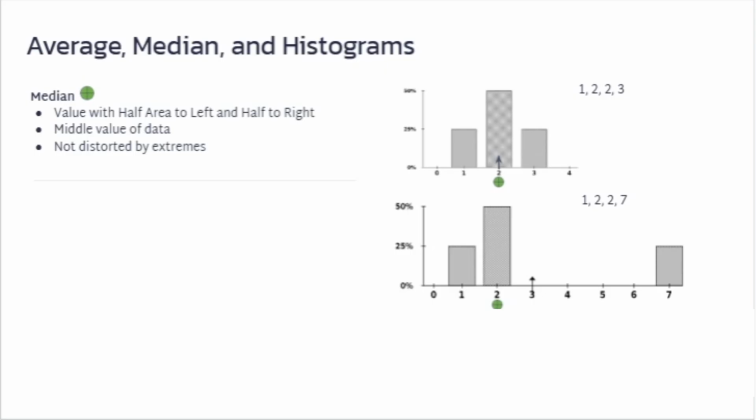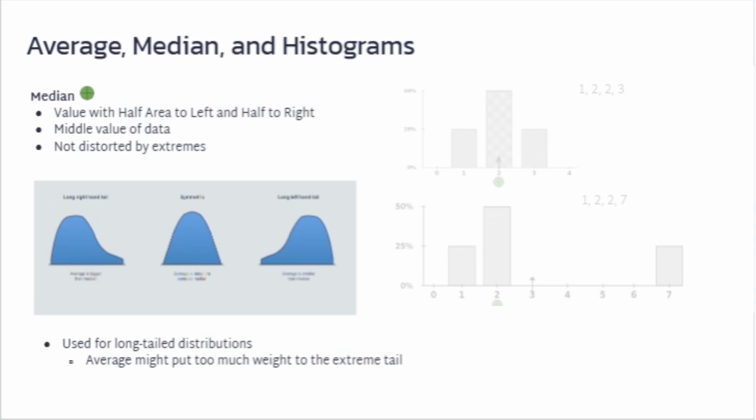This is what happens for asymmetric histograms. For a histogram that is not symmetric, the average falls to the side with the longer tail. So in the picture, for example, you have three typical histograms.